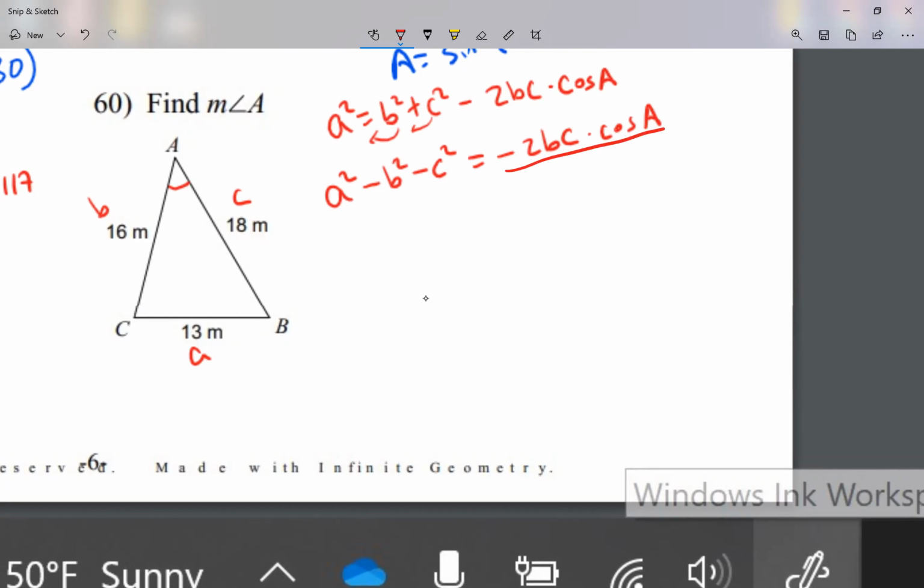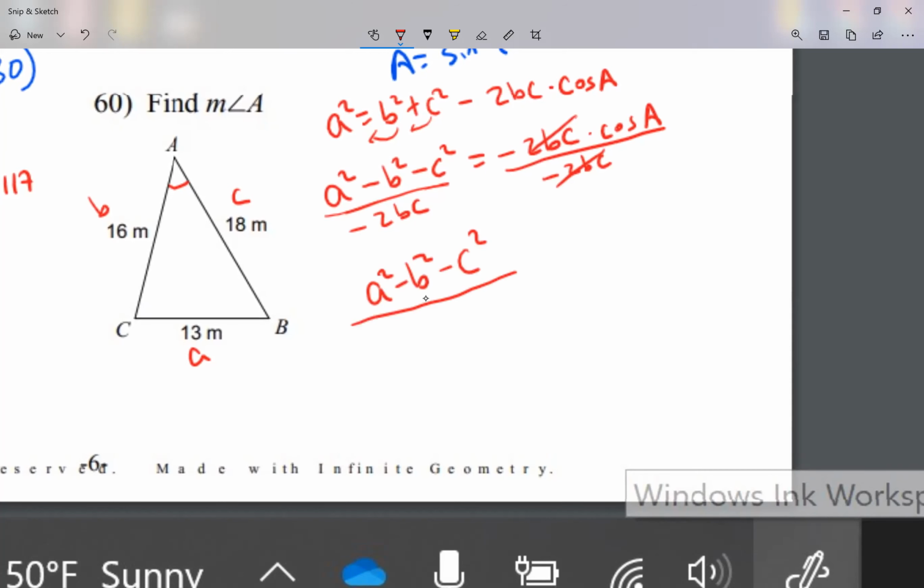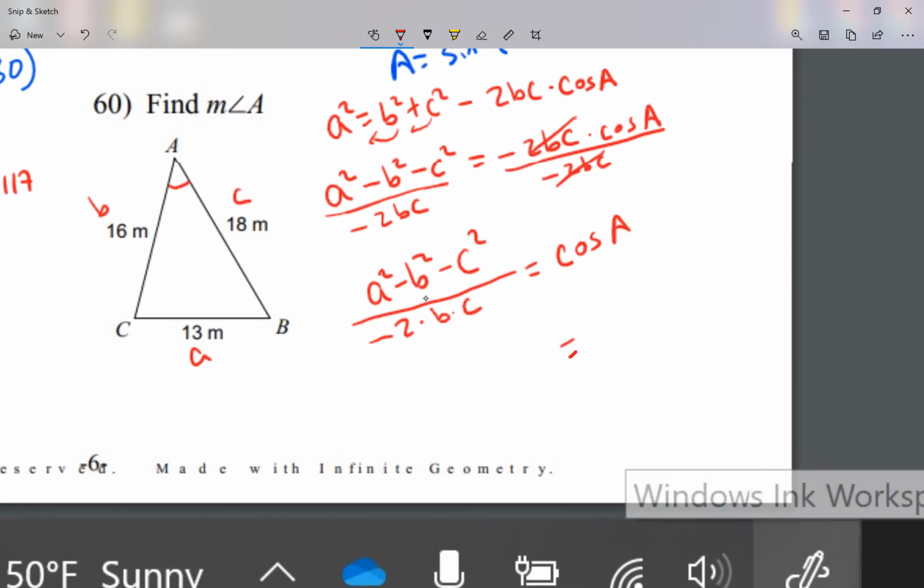Let me divide by a negative 2bc. So I have that a squared minus b squared minus c squared over a negative 2 times b times c is equal to cosine of a.